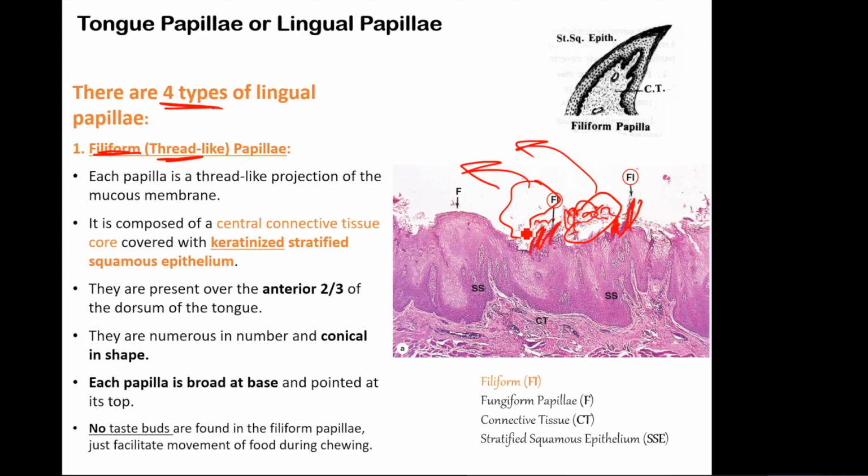And in infants, they help them in suckling milk, during breastfeeding. And in animals also, where it is very prominent, they help them in licking, licking water and things. But there is no taste bud on them, so they have no role in taste.